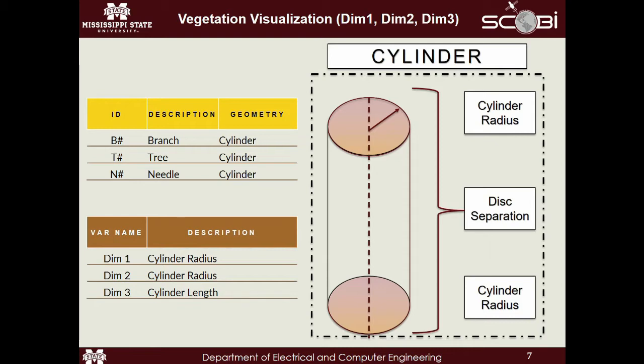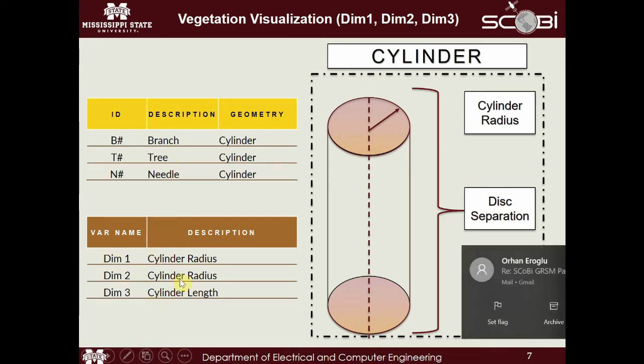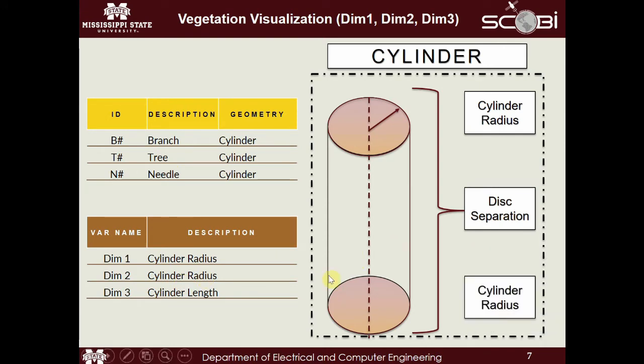The next 3 are the dimensions of your object. As I mentioned earlier, some are going to be modeled as disks and others as cylinders. If you are using a cylinder, which, as a reminder, includes branches, trees, and needles, there are 3 dimensions that you need to worry about. Dimension 1 and Dimension 2 are actually the same value, and we assume that so that we can maintain the size of our matrix for SCoBi.